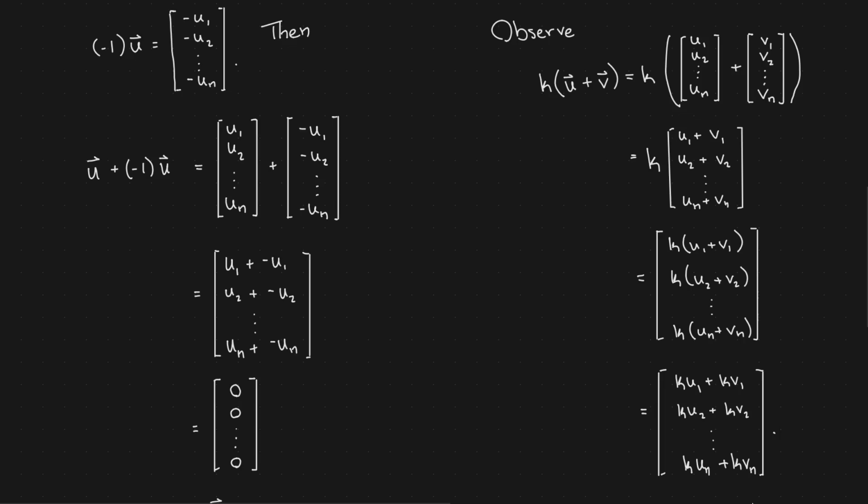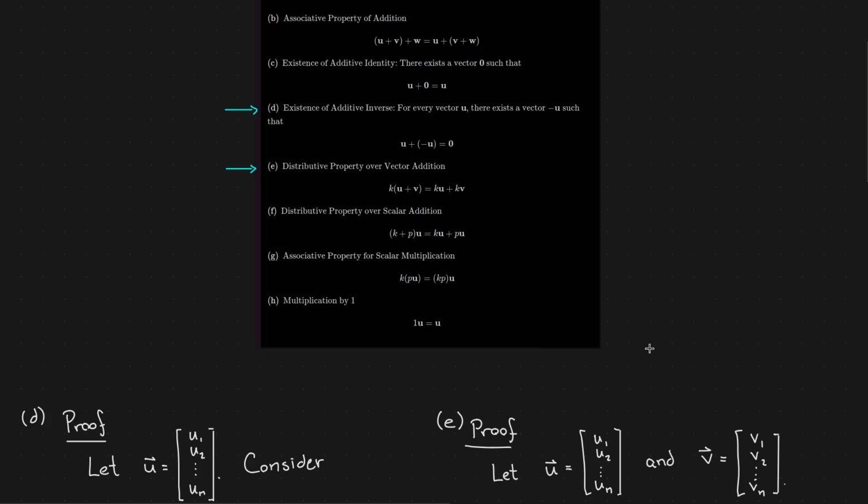That's my left-hand side of my equation, and I've applied the properties about as far as I could take them. Now I want to go to the other side of my equation, ku plus kv, and again apply the definitions of scalar multiplication and vector addition, and show that I get the exact same thing.